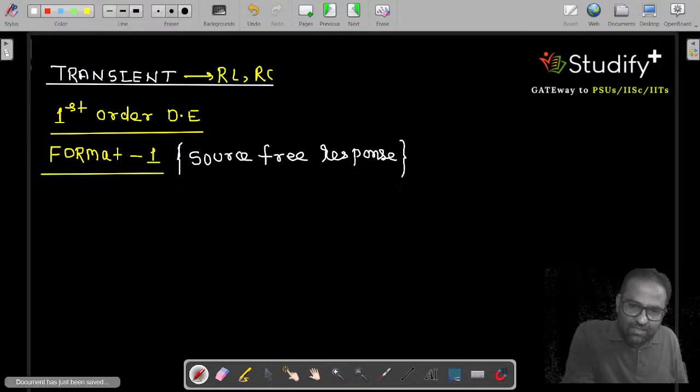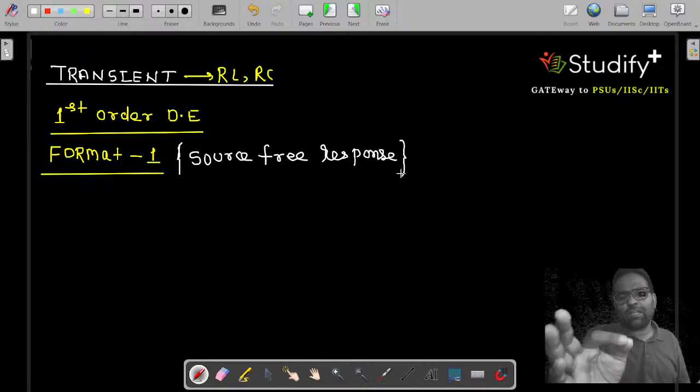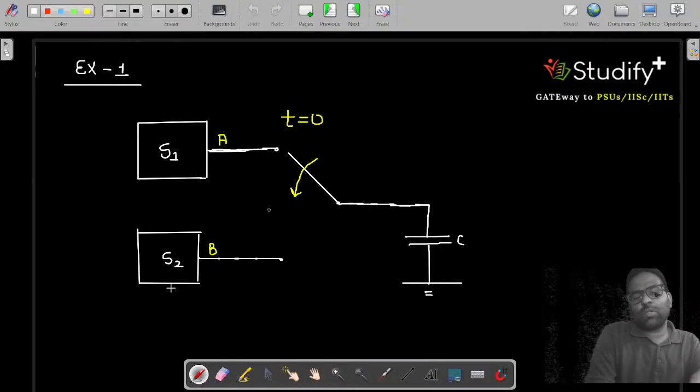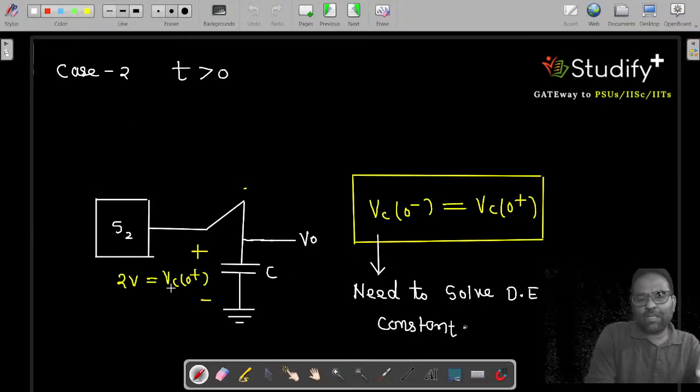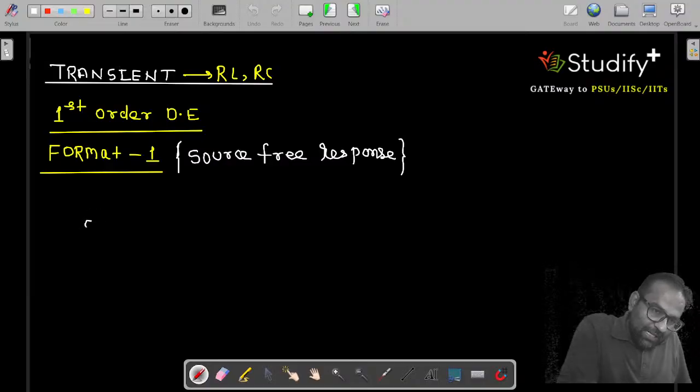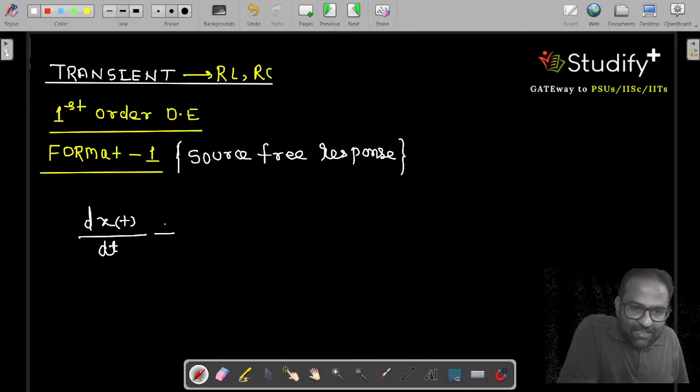Say we have two sources, source number 1 and source number 2. If I remove source number 2, then how your capacitor behaves is known as the source free response. The differential equation format is dx(t) divided by dt plus some constant times x(t) is equal to 0.